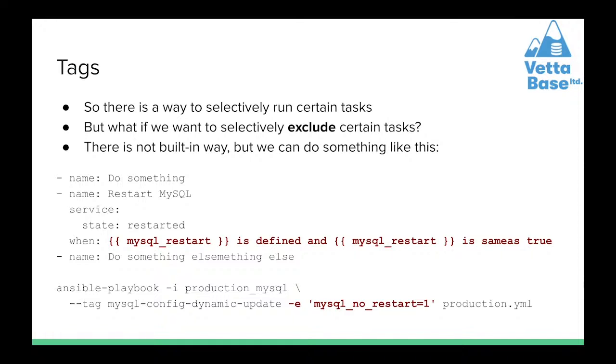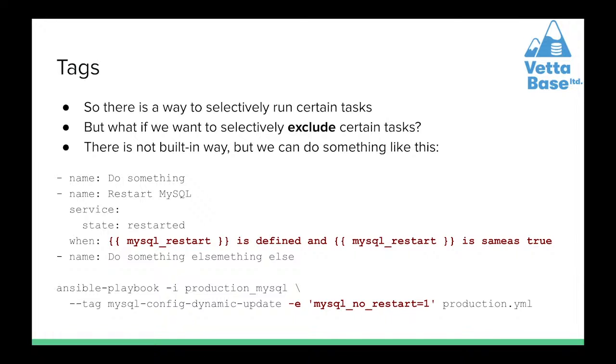Basically, we check if a variable exists, a variable called mysql_restart, and if it is set to true. Okay, we don't want to define such a variable in a file, right? Because this is something we optionally use one time.